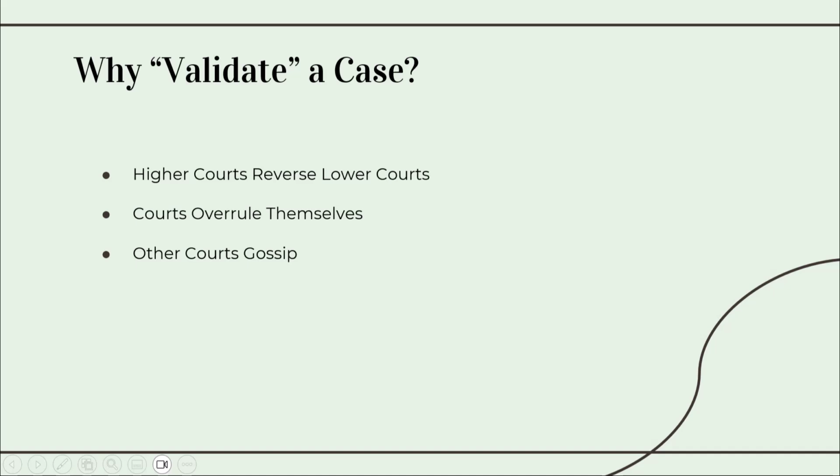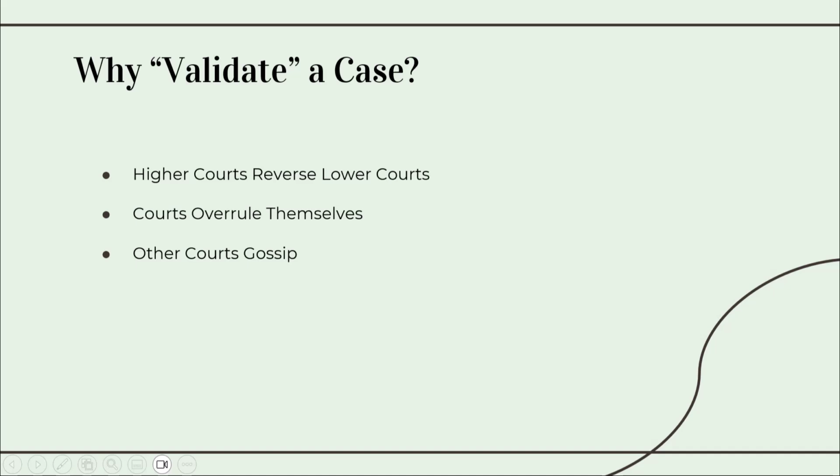Now, this is a very young case, so we don't have a lot of gossip about it, but if you're KeyCiting an older case, you're going to find that it may have been criticized by many other courts, or they may have declined to follow it. Those are all negative results in other courts, and although they didn't reverse the decision or overrule it, it's not a very respected line of reasoning.